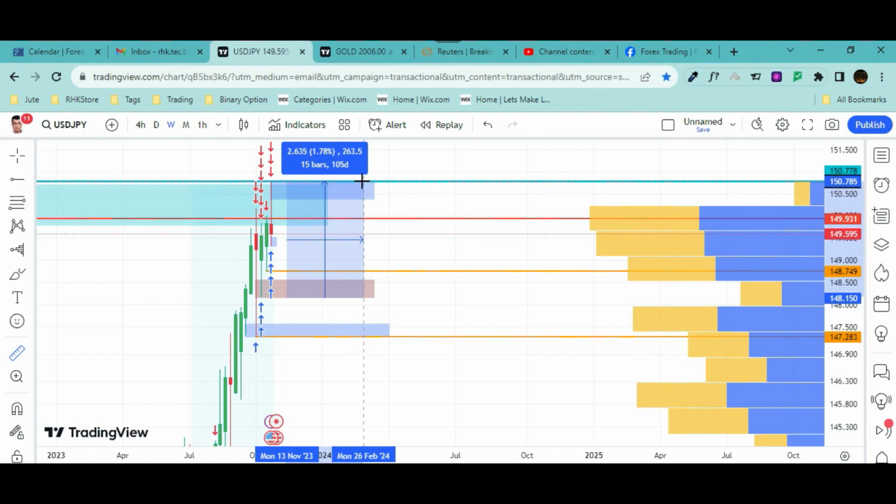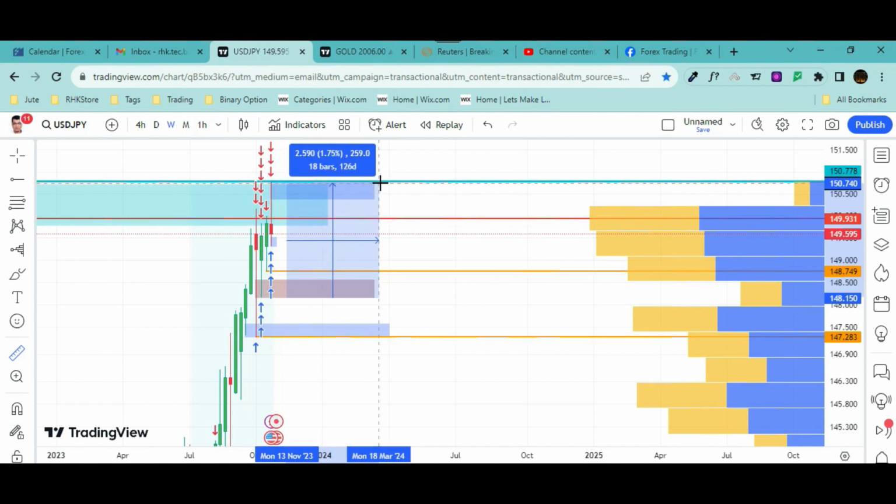So the people took shelter in gold, huge, and took shelter in US dollar, right? Exactly. But they are saying that the US dollar shelter they have taken is far higher than anticipated. So that's why the jump in USD/JPY was not that significant compared to that of gold.